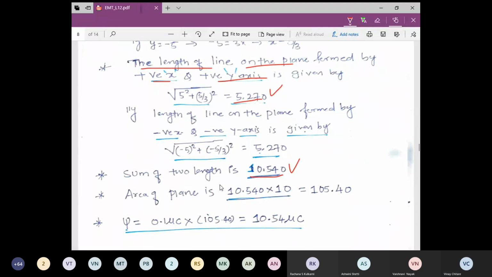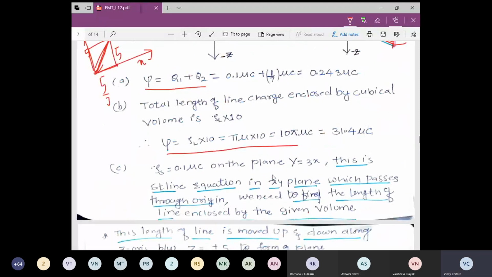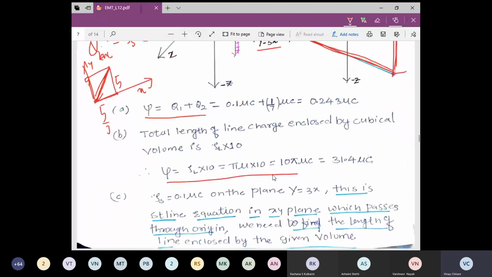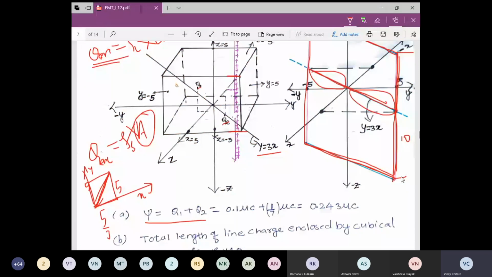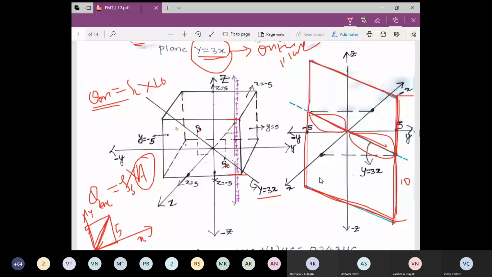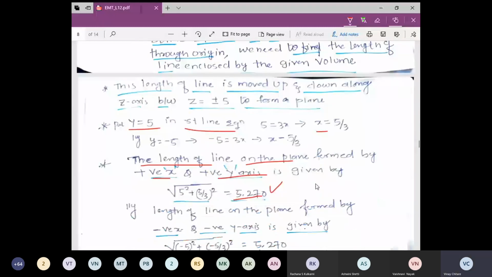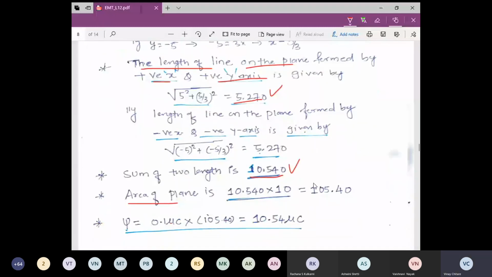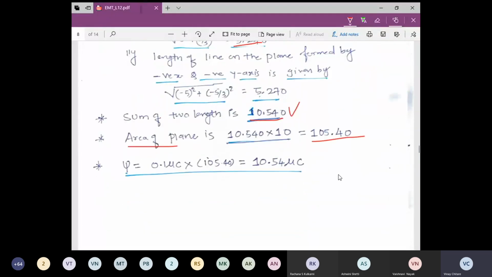As I told, I got this dimension and I got this dimension. The area of the plane which is really trapped inside this volume, or closed surface, is 10.54 into 10, which is 105.40.